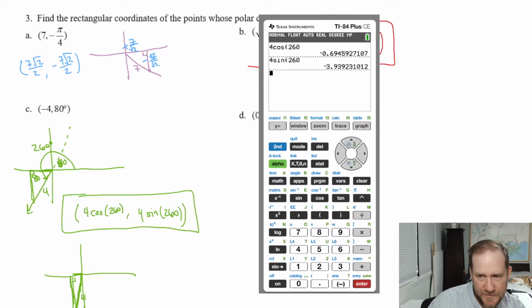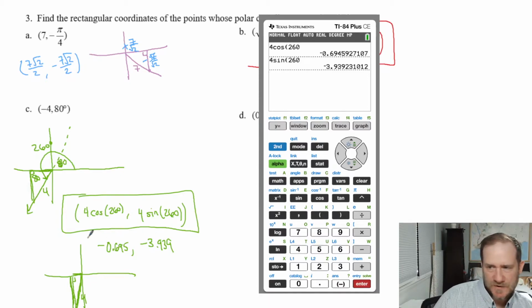So with our hypotenuse being 4, having that vertical edge at negative 3.939, that makes sense to me. And having our horizontal edge at only negative 0.695, that makes sense too. You should be expecting a short x with a long y relative to the hypotenuse.